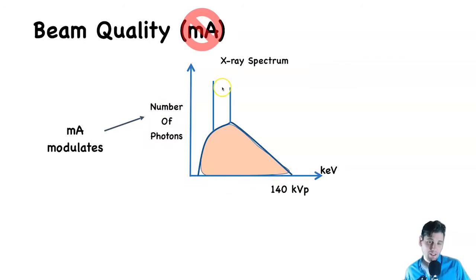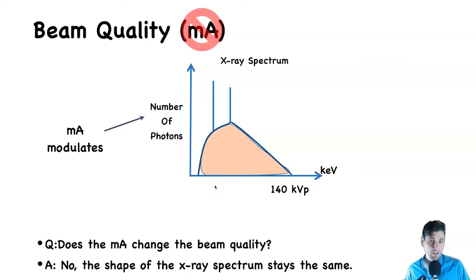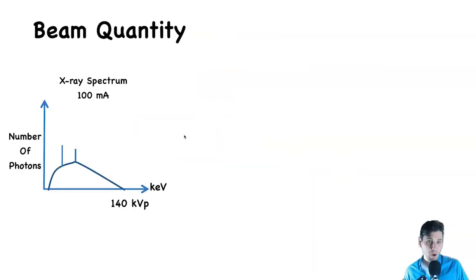It's just scaling this curve up and down, but not affecting the shape at all. So beam quality actually does not depend on the mA. But because we're changing the number of photons, we want to describe that as well. So instead of calling that beam quality, we'll call it beam quantity. So the number of photons that are under your spectrum.